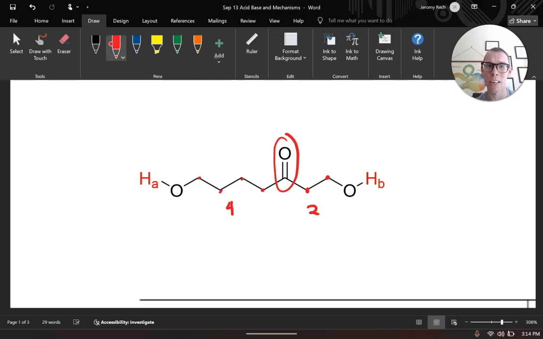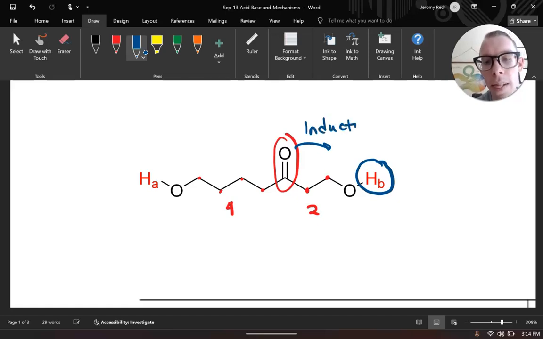This is going to be a pretty weak inductive effect, but that ketone is going to be closer to HB than HA, meaning HB will be more stable because of that inductive effect. That ketone is like twice as close to HB as it is to HA. So here the inductive effect of my ketone will make HB more acidic.